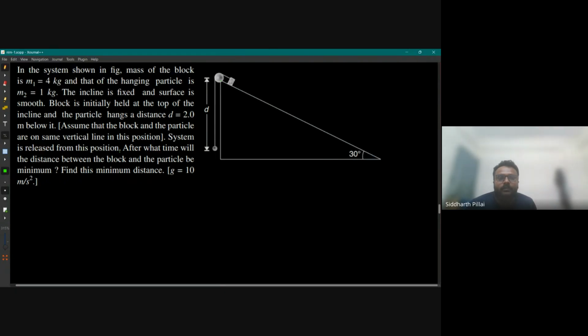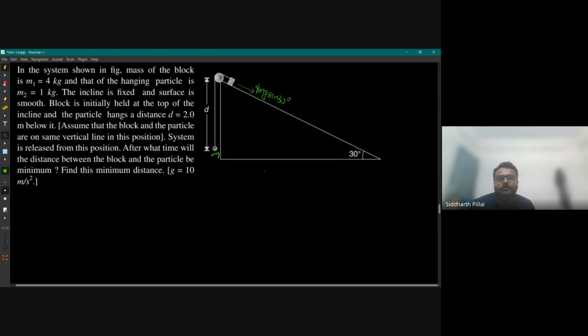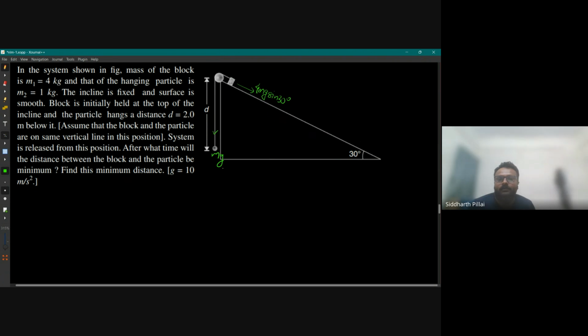Right. So first, no friction anywhere. We can find the acceleration of the masses. So this would be mg sine theta, and this one is, let's call this m. So this would become 4m, right? So this will have mg downward.